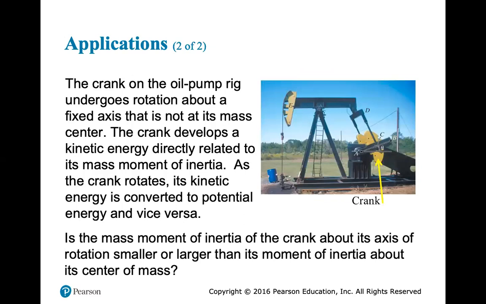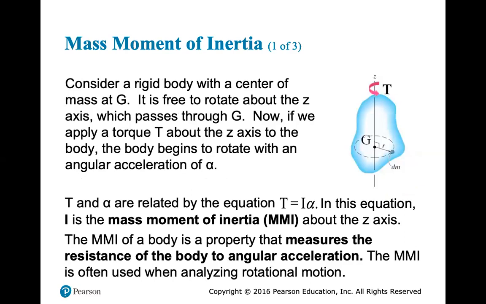Another example is a crank for an oil pump rig, with rods and masses on the ends of the rods, and you want to know how easy or hard it is to make the crank rotate. The quantity which governs this is the moment of inertia. The moment of inertia measures how easy or hard it is to make something rotate.